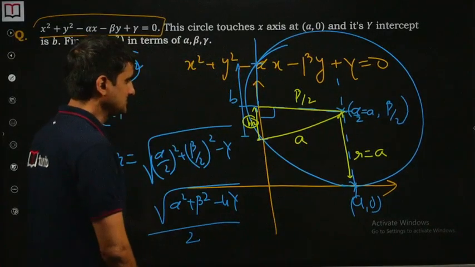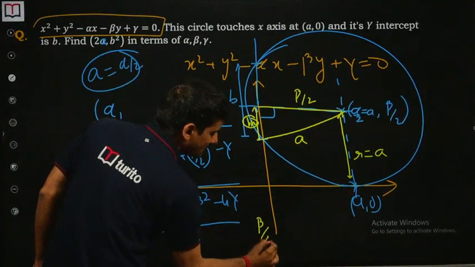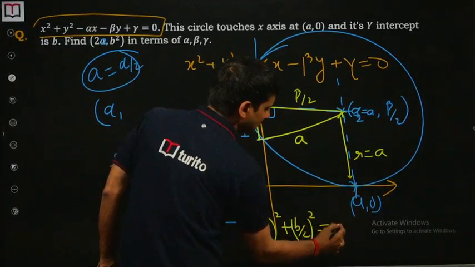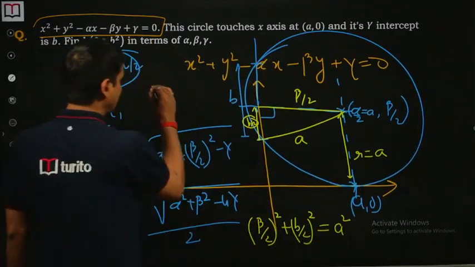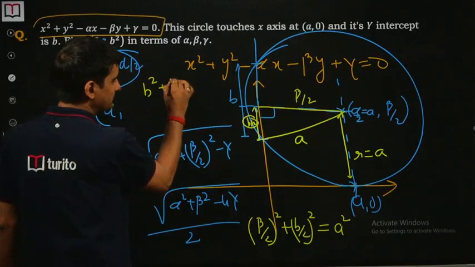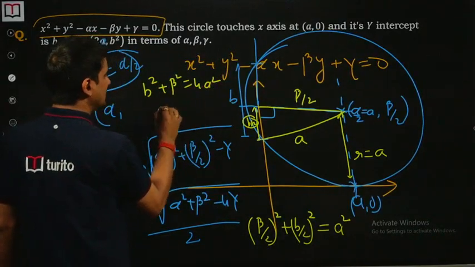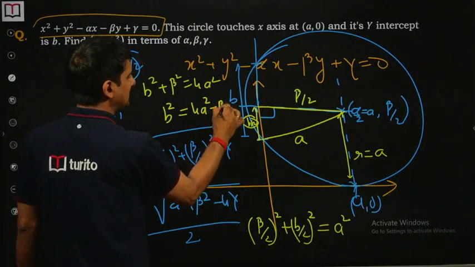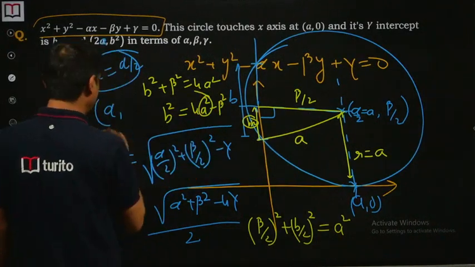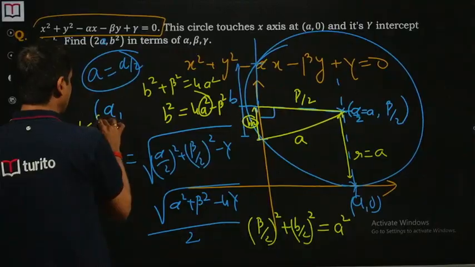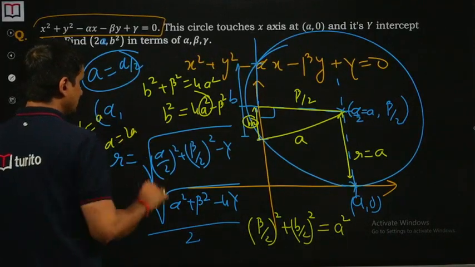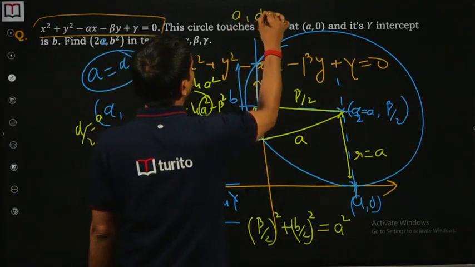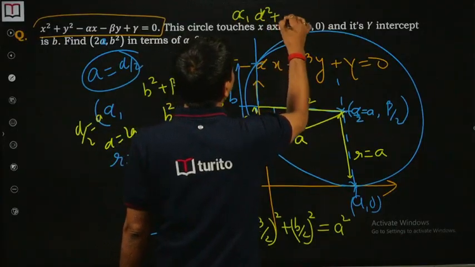That's the relation here: beta by 2 whole square plus b by 2 whole square is equal to a square. So we have a relation: b square plus beta square is equal to 4a square. We need b square, which is 4a square minus beta square, and alpha by 2 is a, so alpha is 2a, so b square is alpha square minus beta square. So the answer is a comma alpha, and alpha square plus beta square.